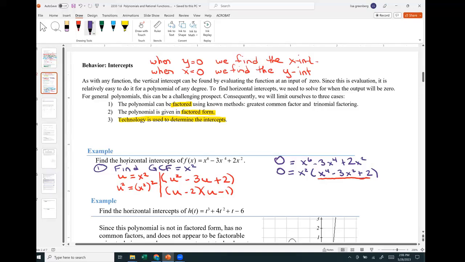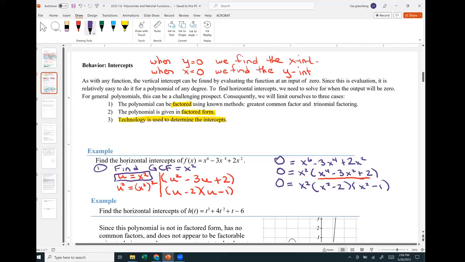So now I'm going to go back here and I'm going to say this equals x squared times, well, u is equal to x squared. So I'm going to just plug that back in and I get x squared minus 2 times x squared minus 1.